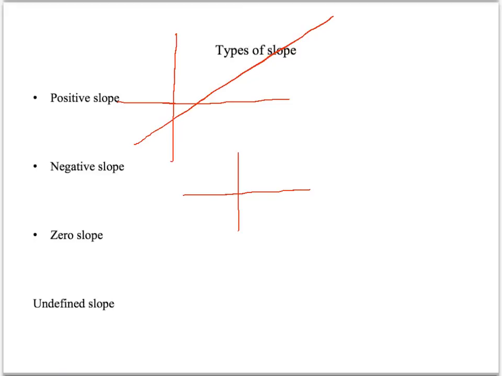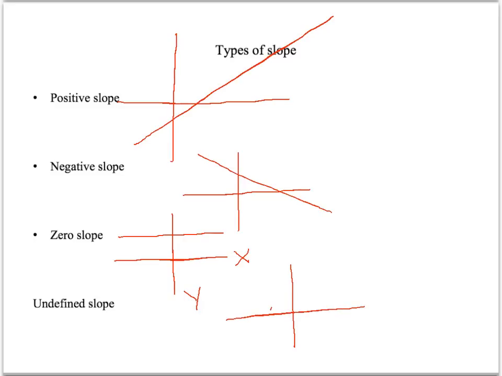It would be higher up over on the left, and it would go down towards the right. A zero slope is just a horizontal line. And an undefined slope is a vertical line. Okay, so let's explore these 4 different kinds of slope.